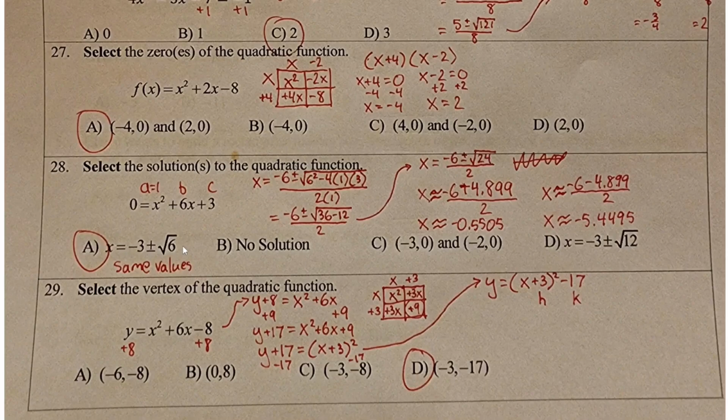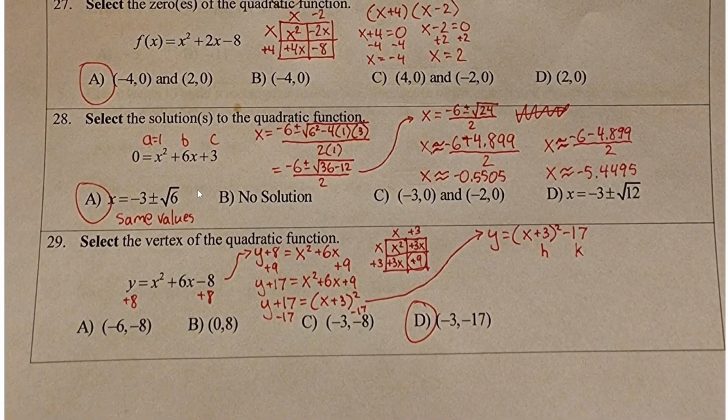Fairly complicated process, kind of annoying, and no big deal. As long as we understand the idea that we have 2 answers and we can find them, and there they are. And we could take -3 plus the square root of 6, and we would get this answer here. And we could take -3 minus the square root of 6, and we would get that answer there. And that's how we show that they're the same.